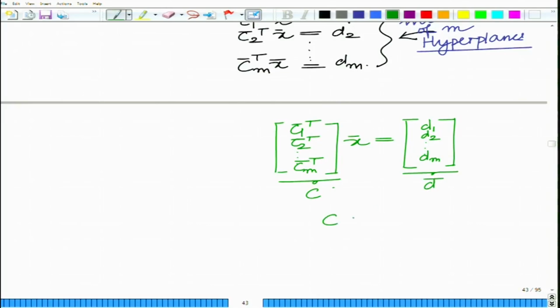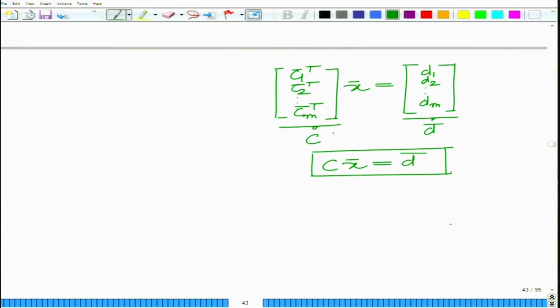So, we have C x bar equals D bar, this is your intersection of hyperplanes. It is a compact way of representing an intersection of hyperplanes.